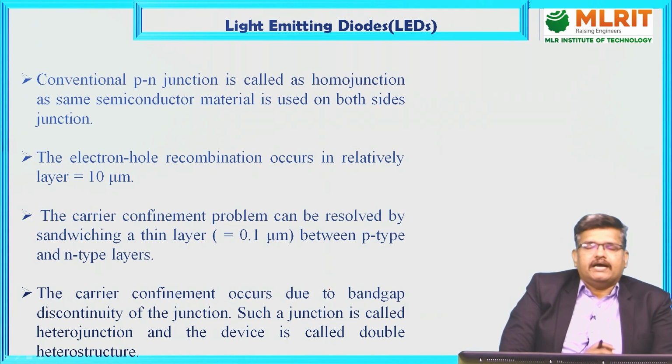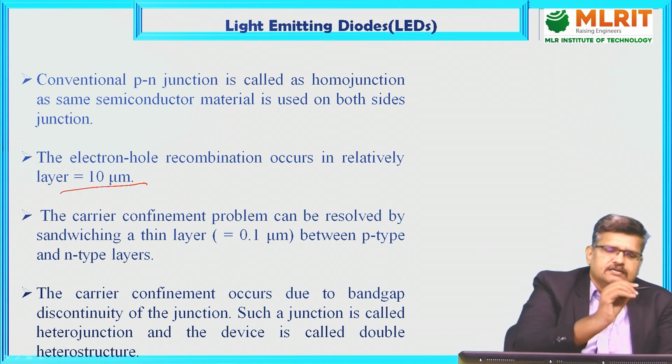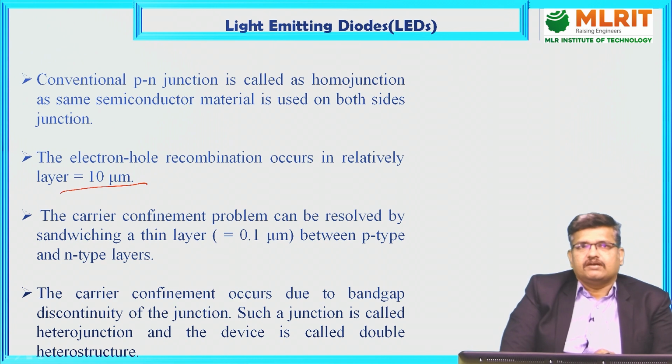Fine. Here, let us consider the conventional PN junction diode. It is a homojunction, a semiconductor material with the junction on both sides. Generally, the electron-hole recombination region may be relatively wide, around 10 micrometers.